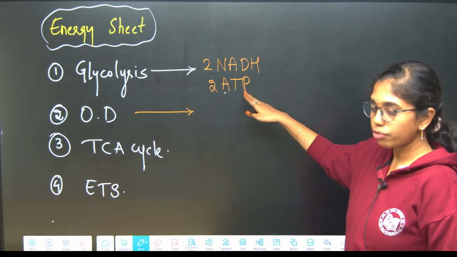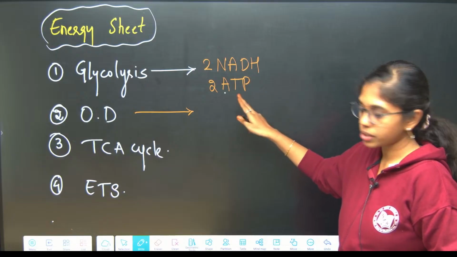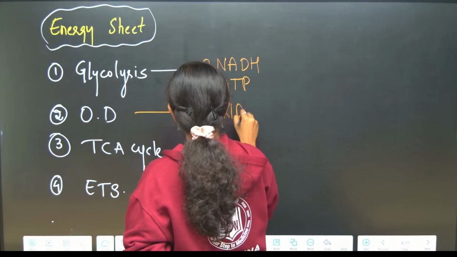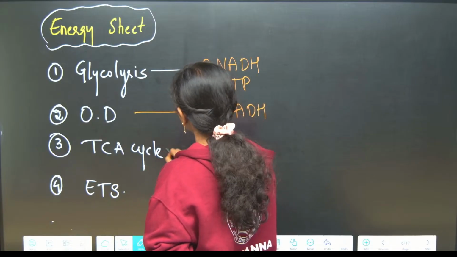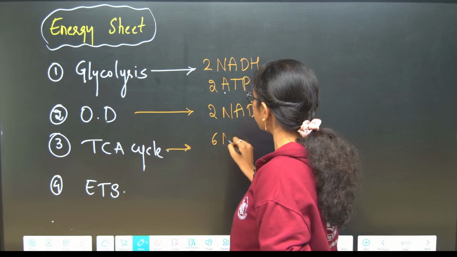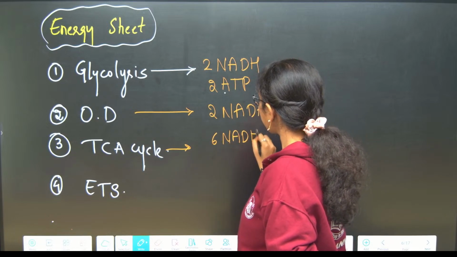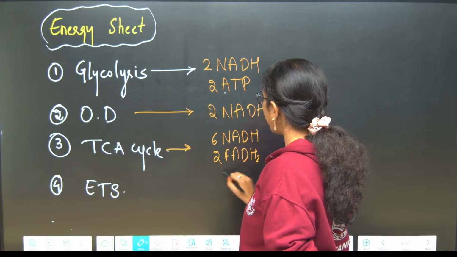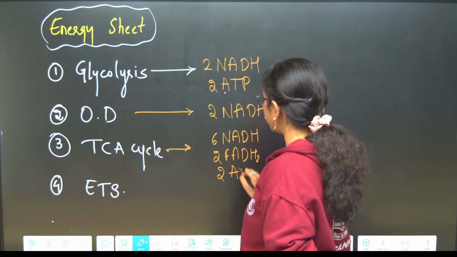So, we have to take 2 ATP for glycolysis. Oxidative decarboxylation again, 2 NADH for whole glucose. Yes. TCA cycle, 6 NADH, 2 FADH2 and 2 ATP or GTP.